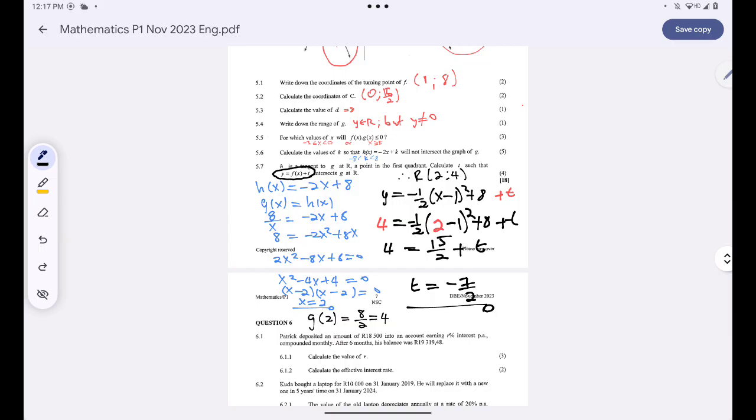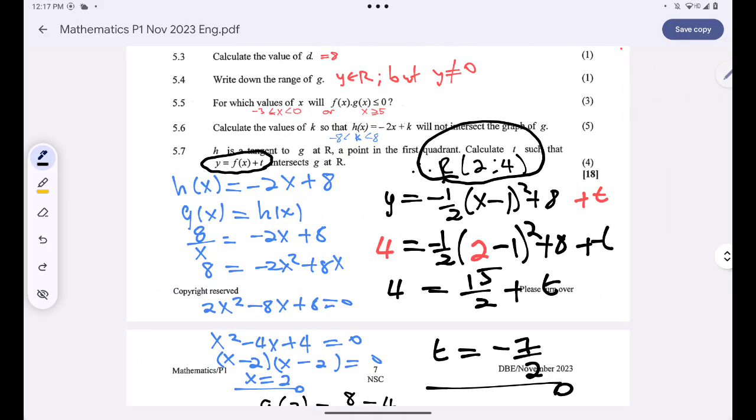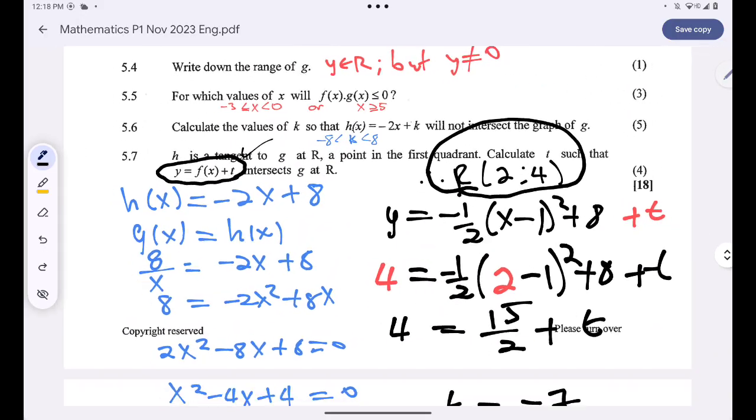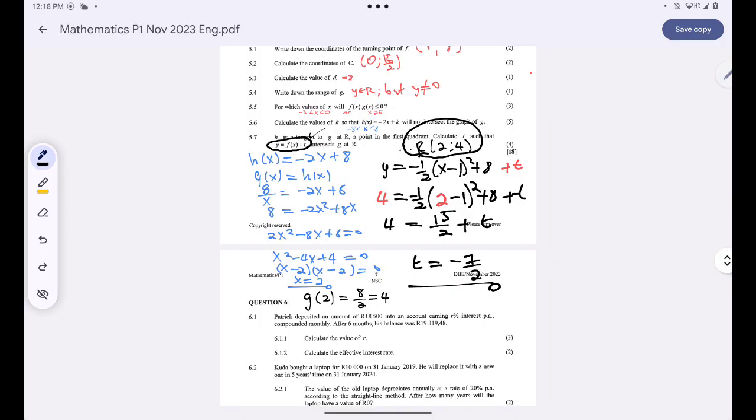Before solving, I must find the equation of the intersection, right? Then solve x and then go and find the corresponding y value. These are the coordinates of r. After finding the coordinates of r, you go and substitute them in the given equation there. Then you will be good to go.